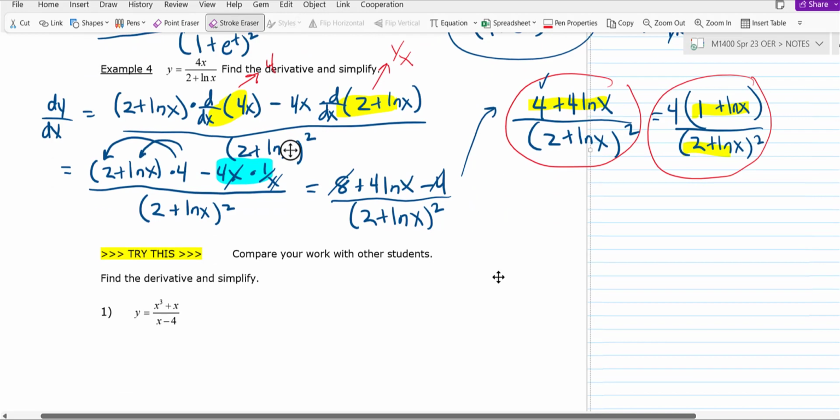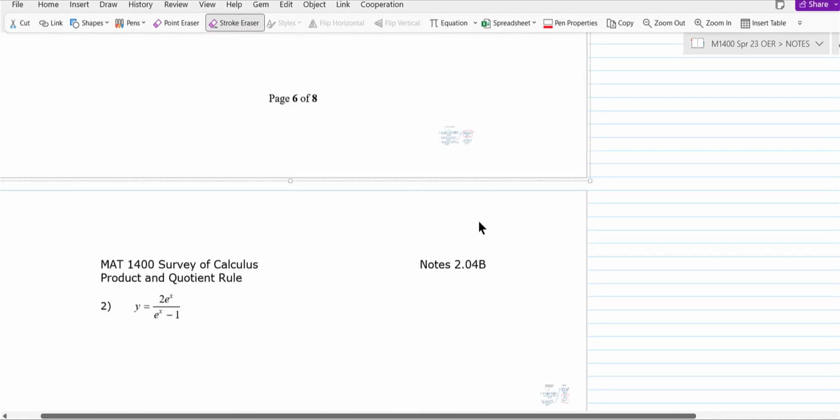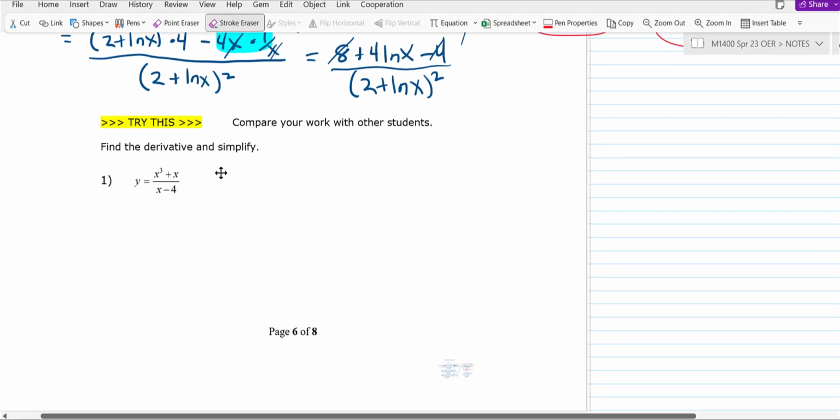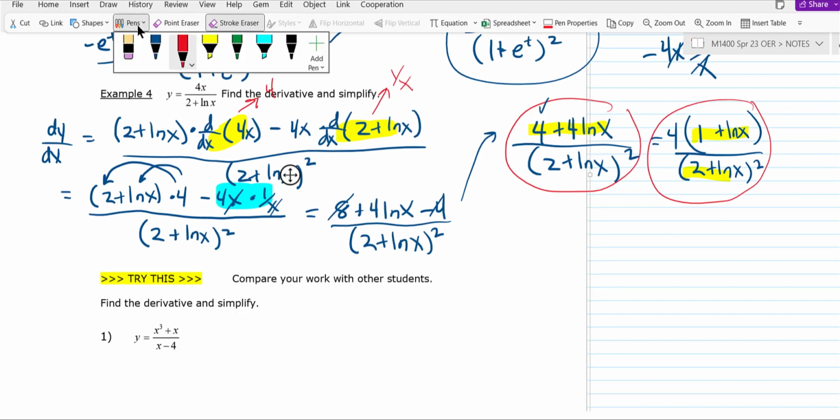All right, so let's spend the rest of the class on two problems. Number 1 at the bottom, do the quotient rule on that. And then number 2 on the next page has the e thing in it, so I want you to spend a little bit of time on that. I'll write the quotient rule on the board and leave it up here.